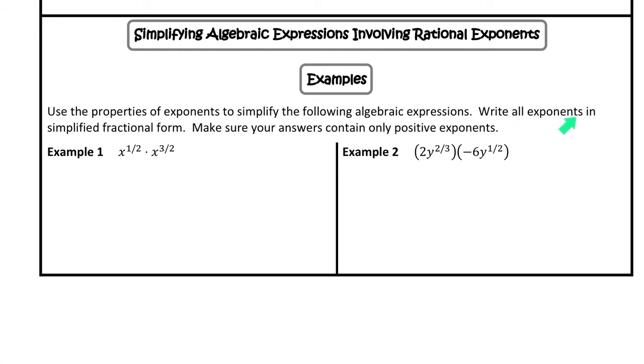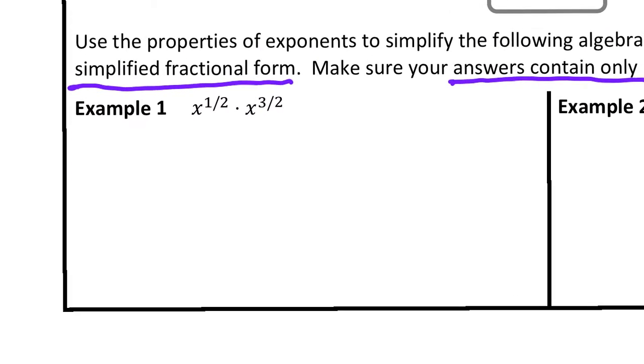Make sure that your answers contain only positive exponents, and make sure to write the exponents in simplified fractional form. Keeping those two things in mind, let's jump into example 1.